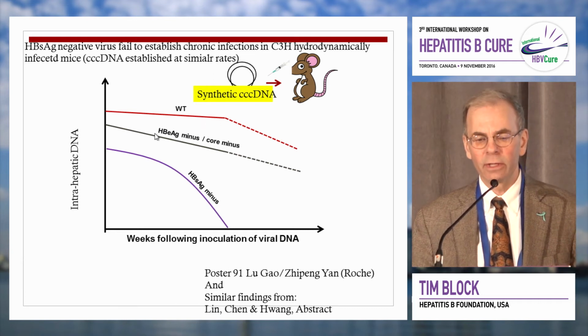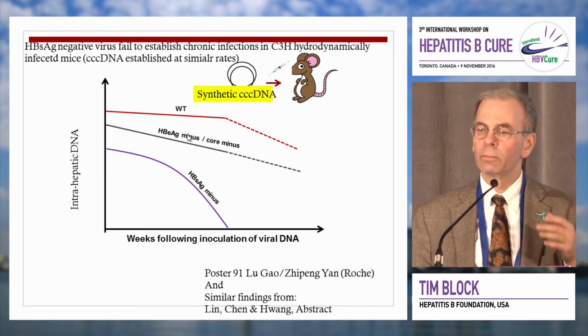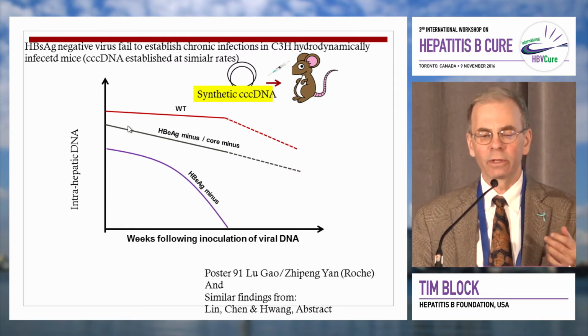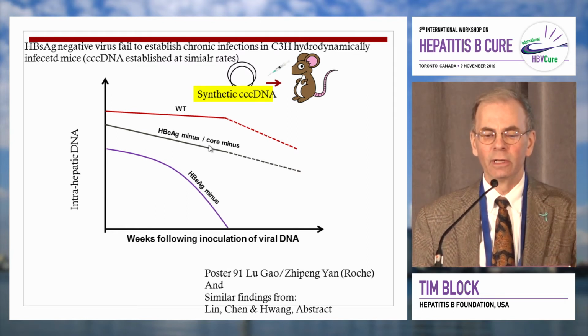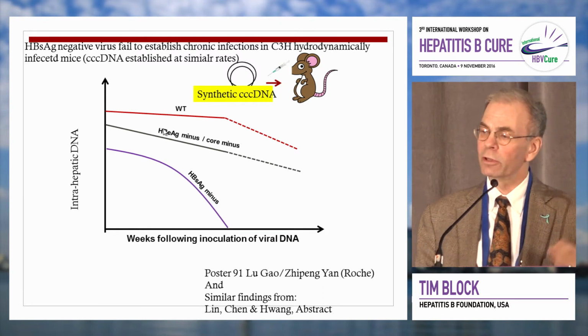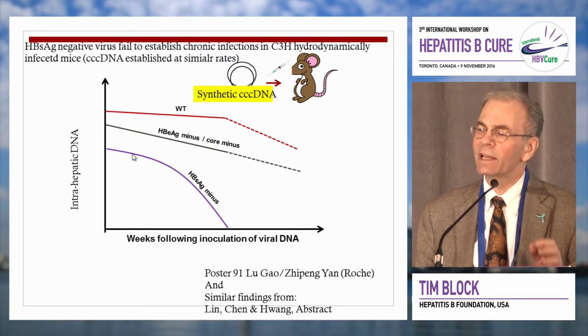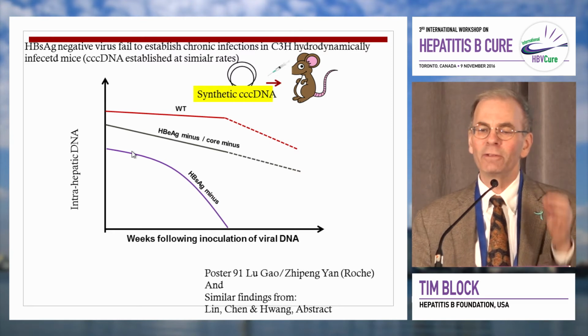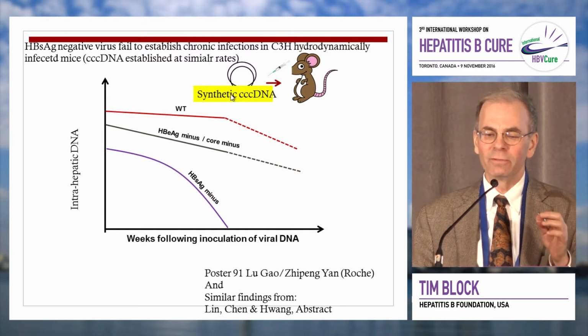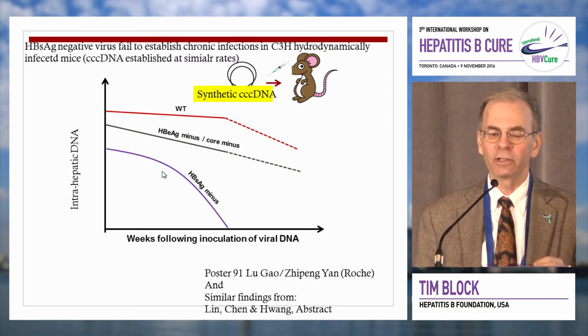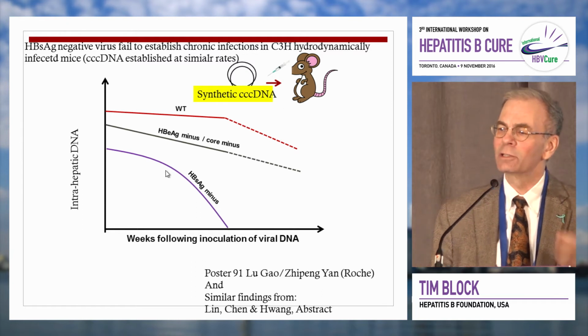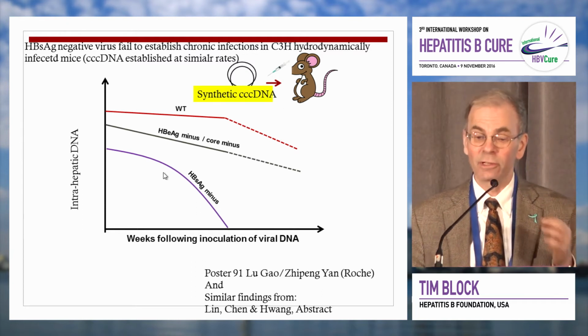If you knock out the e-antigen or core protein coding ability, it declines a little more rapidly, but it's still there for a long time. You'd call that persistent. If you eliminate S antigen, I thought this was really surprising. If you take away the ability of this virus, cccDNA, to make S antigen, it cannot sustain its chronic infection. That's very mysterious to me.